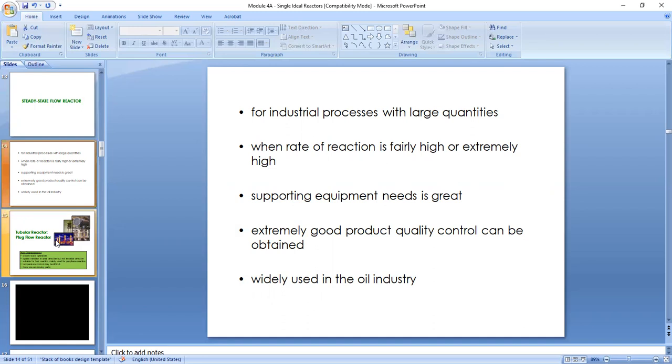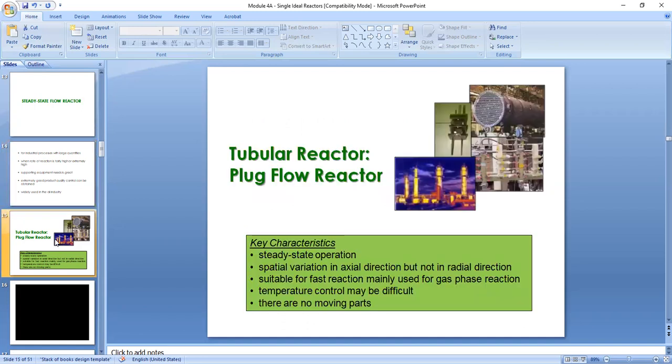Now, we move on. For the tubular reactor, otherwise known as the plug flow reactor, these are the key characteristics. Steady state operation, with spatial variation in the axial direction but not in the radial direction. Axial means along the axis of your tube or pipe representing your plug flow reactor.